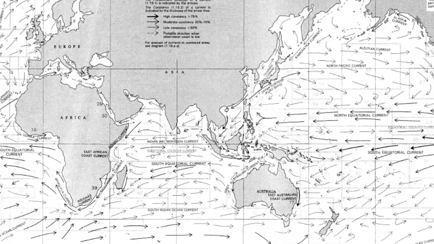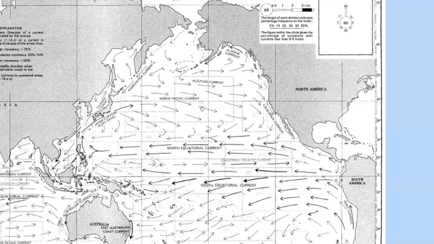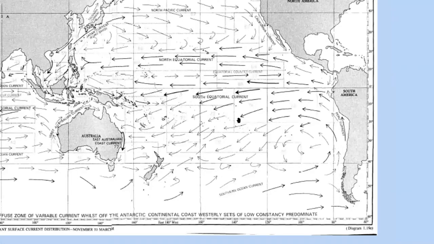And then in the Pacific, you have also the North Pacific Current and the North Equatorial Current forming a clockwise direction. And in the South Pacific, there is also the South Equatorial Current connected to the South Pacific and to the Southern Ocean Current, forming a circular motion and connected to the Peru Current, which flows along the coast of South America.